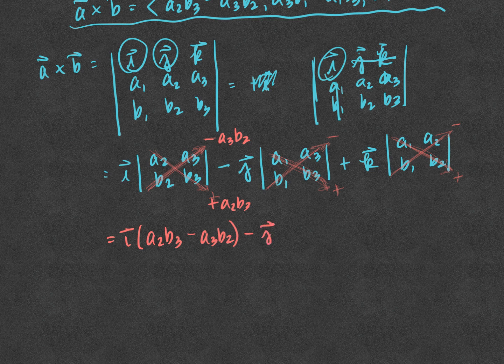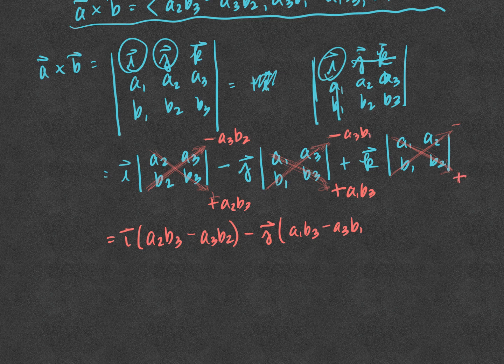We have minus J, and when we follow the down diagonal, we have a plus A1, B3. And when we follow the up diagonal, we have a minus A3, B1. So we have A1, B3 minus A3, B1.